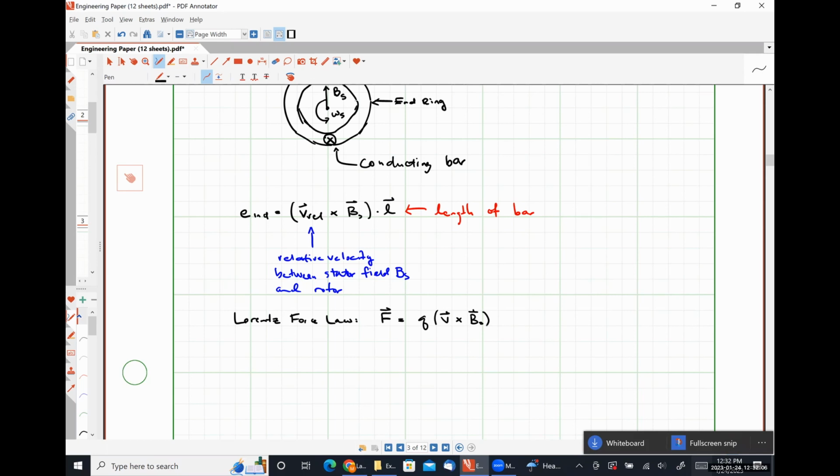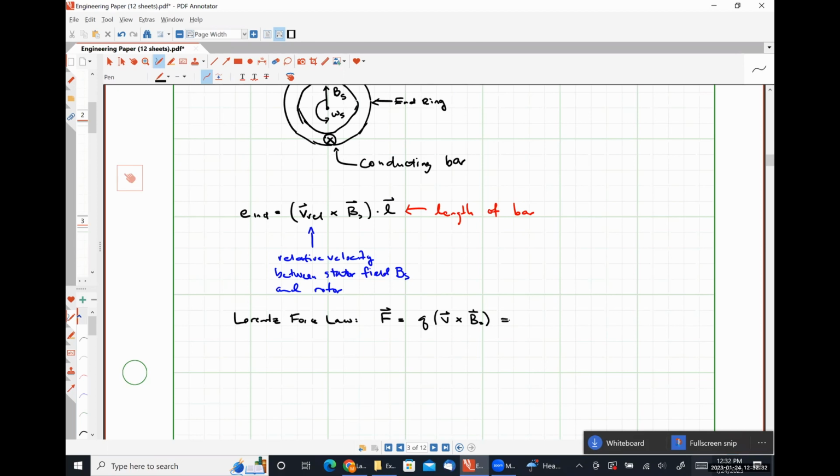And this direction V, so actually let's talk about what Q times V is, okay? So charge times velocity, what do you guys think that is? So what do we have when we have charges moving? Current. So Q times V is literally just current times the direction the current is flowing in.